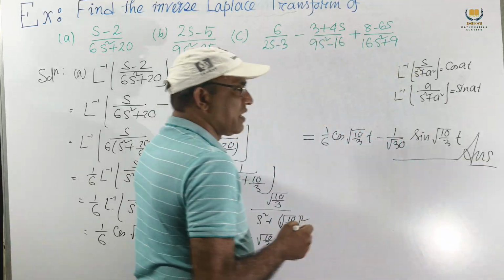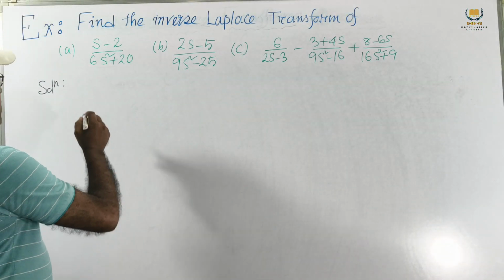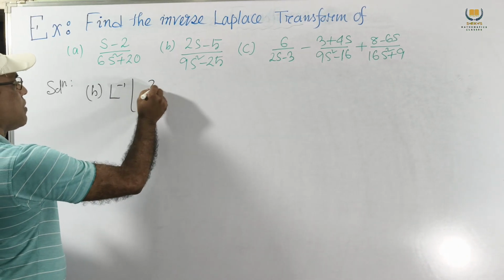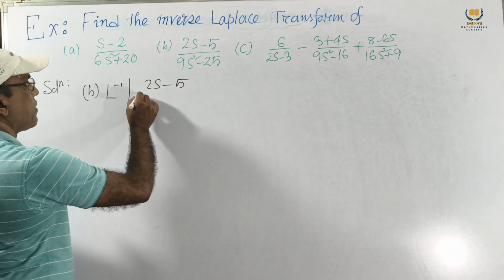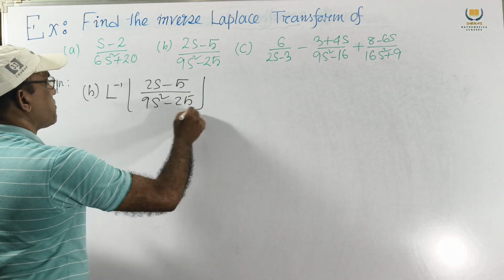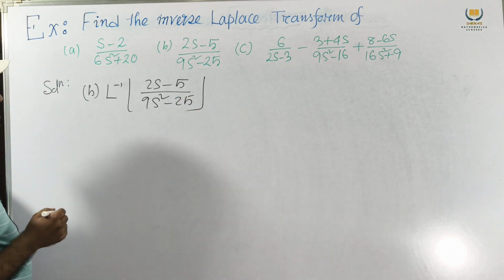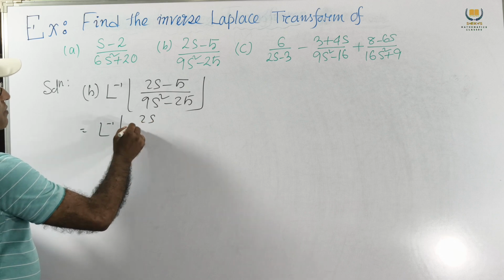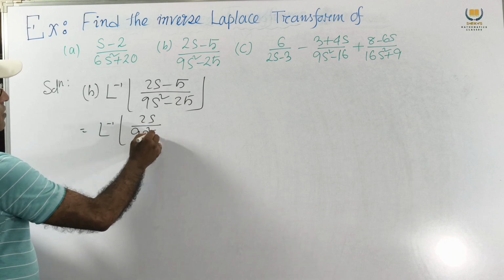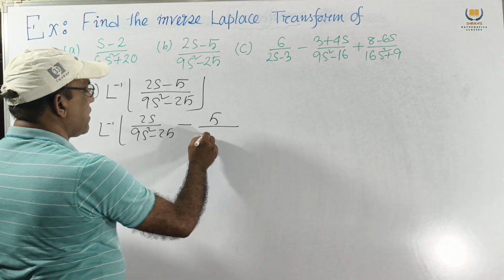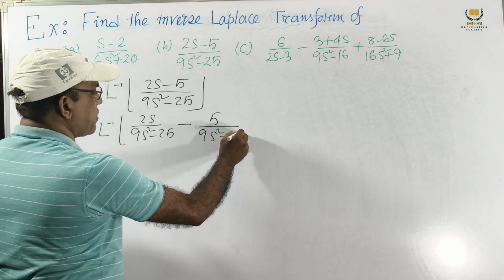Very nice solution, very easy also. B: L inverse of (2s minus 5) by (9s square minus 25). Again we separate this: 2s by (9s square minus 25) and 5 by (9s square minus 25).